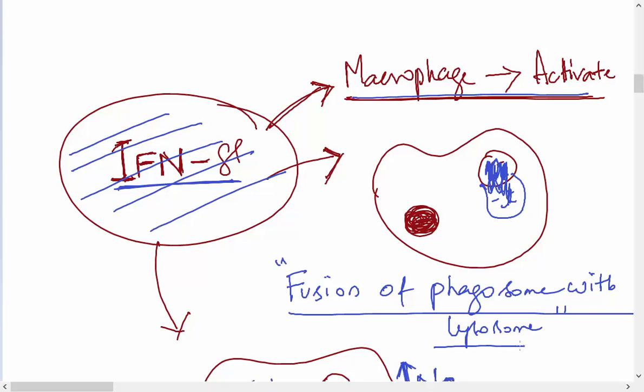See, they cannot even get activated until interferon gamma comes. Activation of macrophage means the macrophage should have the capacity to kill the mycobacterium. Do you understand this? I'm not complicating, it's very simple.